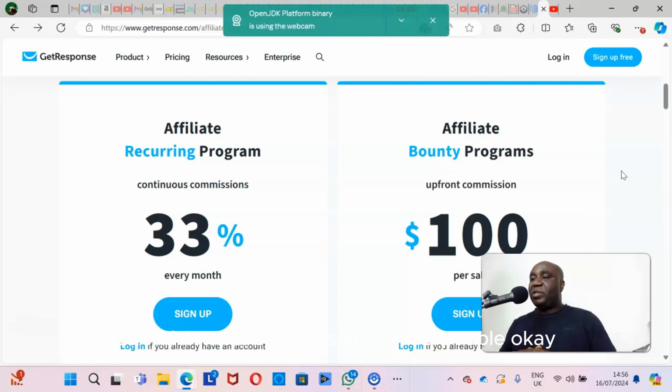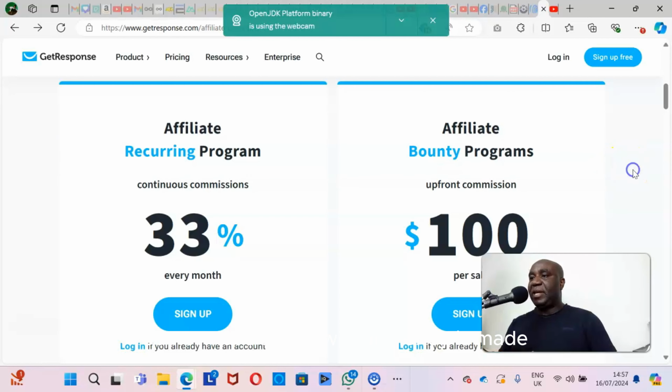So if you sign up 10 people, if you multiply that by $100, that will be about $1,000. If you sign up 100 people, that will be about $10,000. So let's do a little bit of mathematics right here.